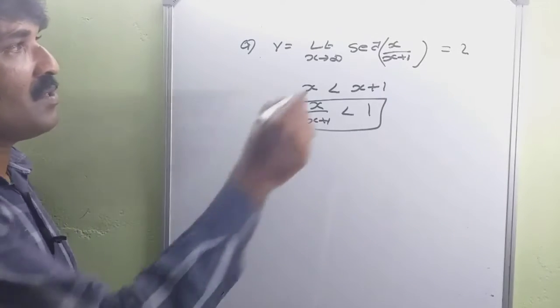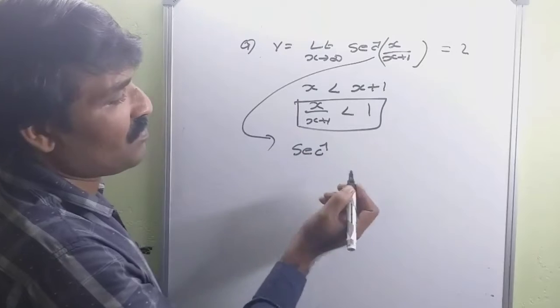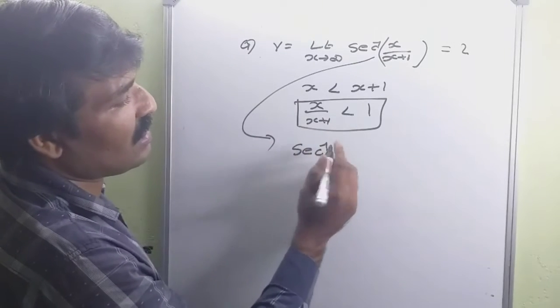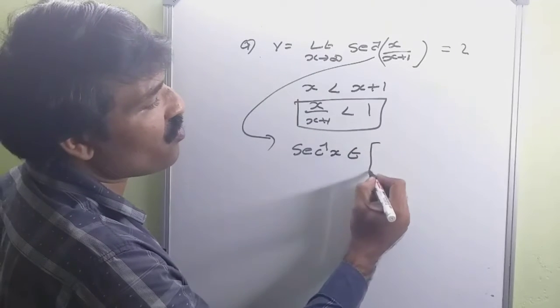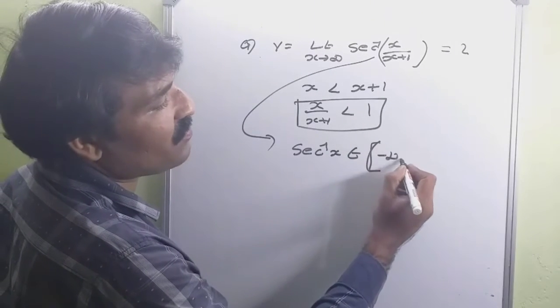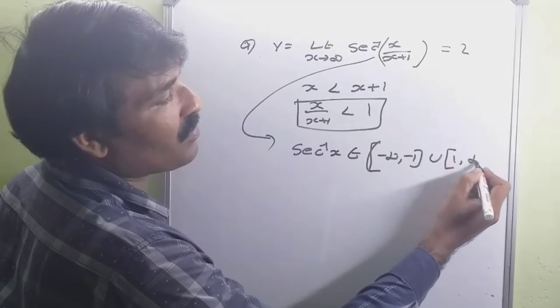So what is the domain of sec inverse? The domain of sec inverse is x belonging to the open interval minus infinity to minus 1, union 1 to infinity.